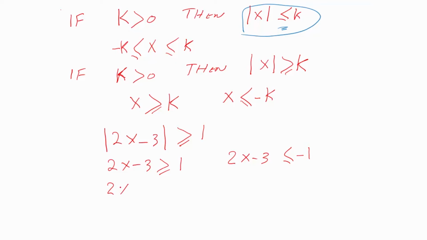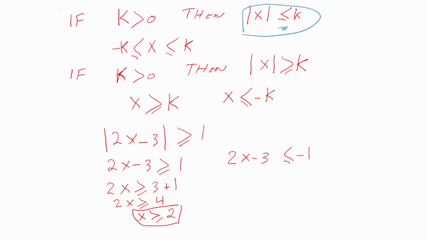So 2x minus 3, well, I'll take the minus 3 to the other side. So 2x greater than or equal to 3 plus 1. 3 plus 1, that is 4. That means x is greater than or equal to 2.